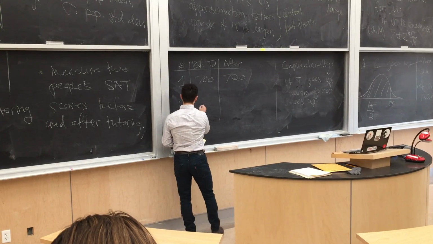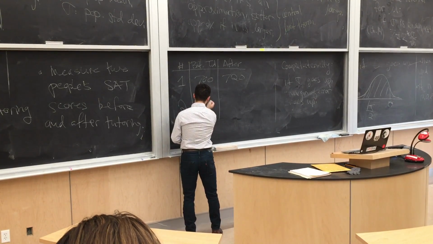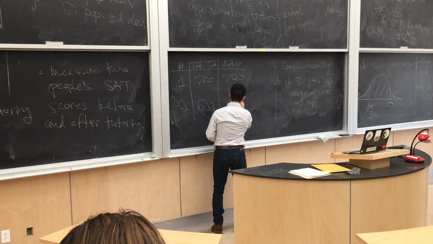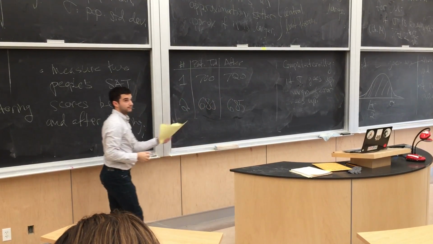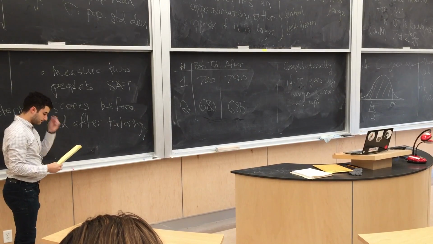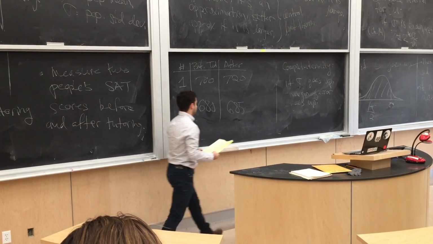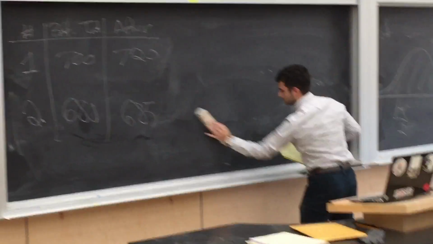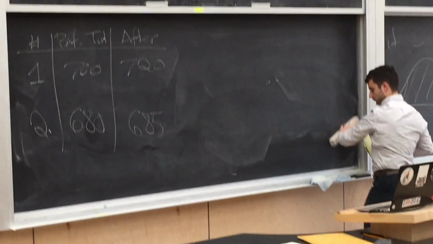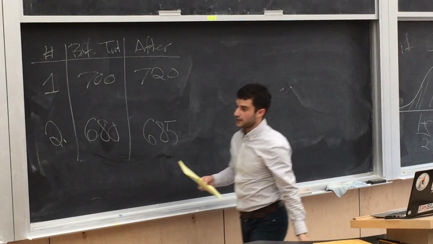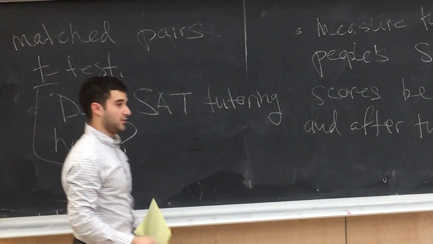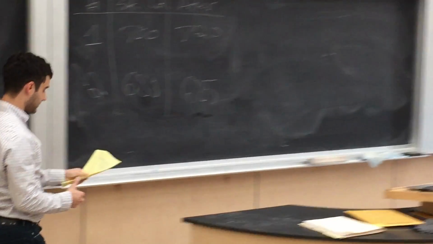Let's say the second student got 680 the first time and 685 the second time. We want to answer this question at the end of the day: does getting tutoring increase your SAT score?